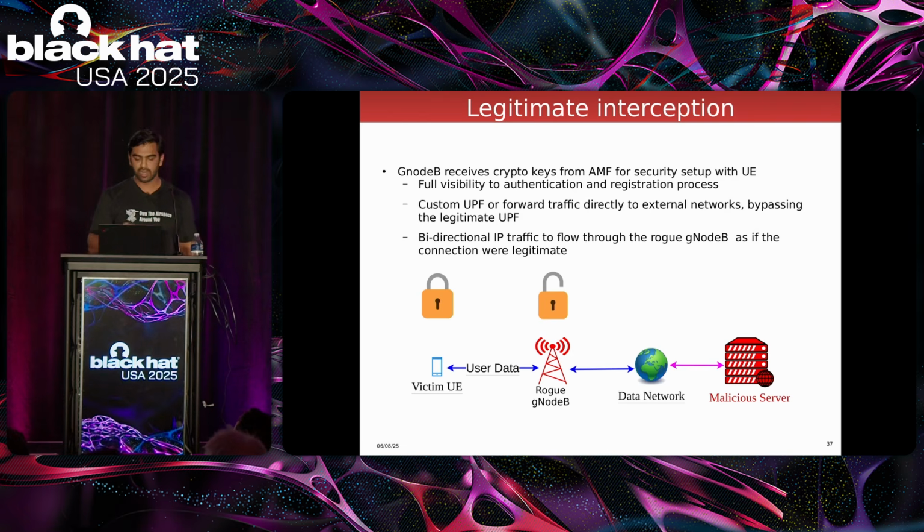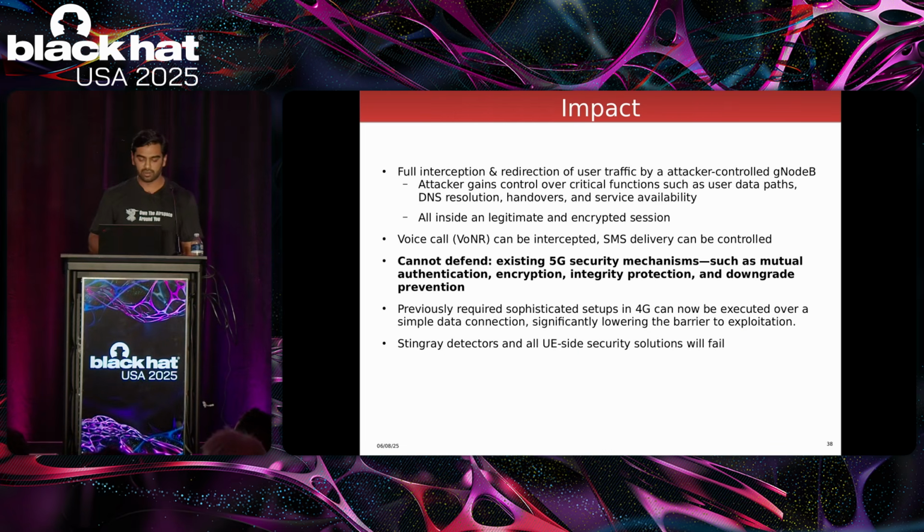So in this case, the gNodeB receives the crypto keys and could provide a legitimate data connection to the phone. Take any of the security features in 5G, for example authentication, encryption, or downgrade prevention, none of them can detect this kind of attack, because it is happening because of some issues inside the network, or because of processing the tunneled packets.